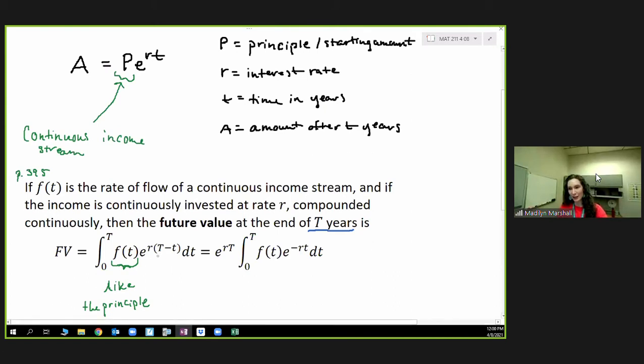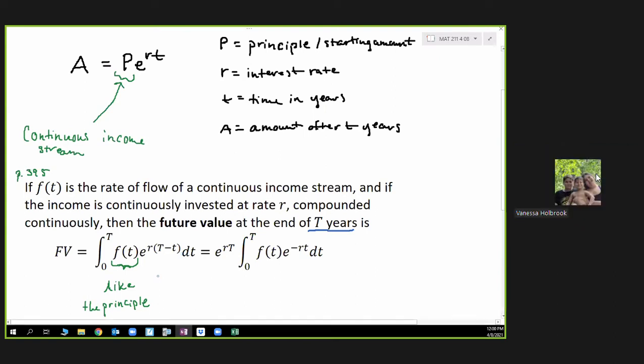And each little bit of money that we put in is in the account for big T minus little t years. For however many years we're letting it go, minus when it was added to the account.